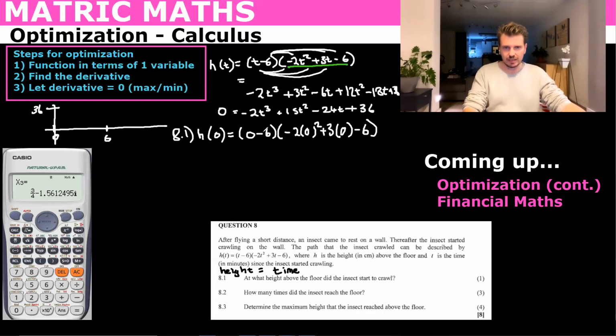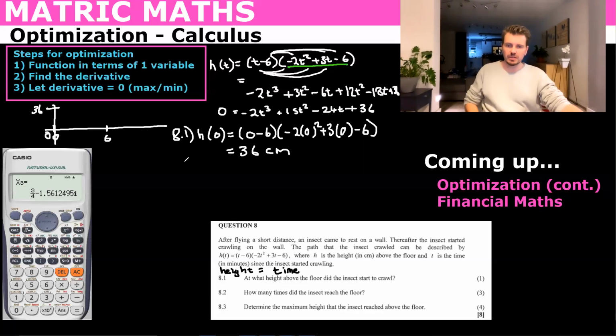And of course, this is all just minus 6, and that's minus 6. Minus 6 times minus 6 is 36. So it's 36 centimeters. Well, I can see that because on the graph which I just drew here, it starts at 36. So the height starts at 36 meters.